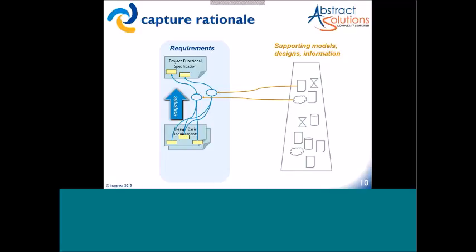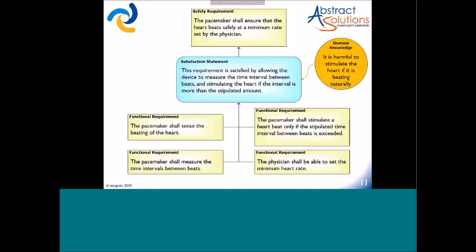And this is where design and models link into the requirements process, in that they are supporting the rationale for the decomposition of the requirements. And we can characterize that relationship between the design and the requirements as a supports relationship.